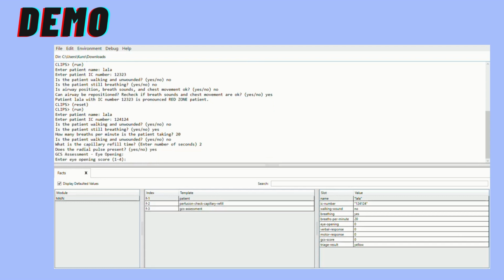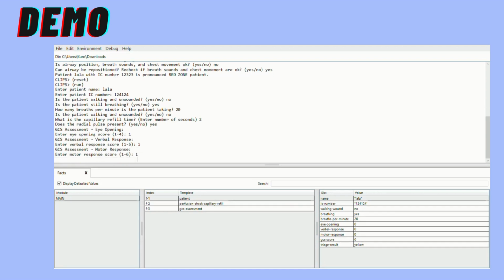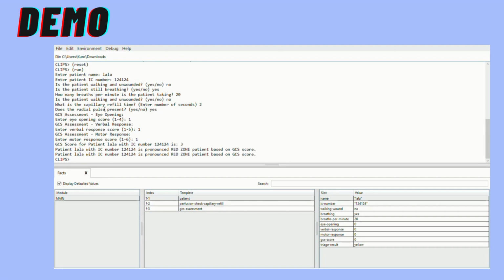Then the Glasgow Coma Scale scoring, so we will score and try 1, 1, 1. The score for the red zone is between 1 and 8.